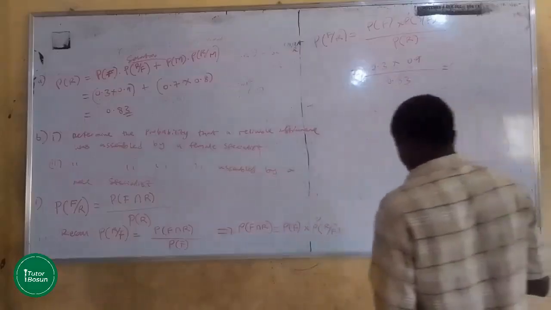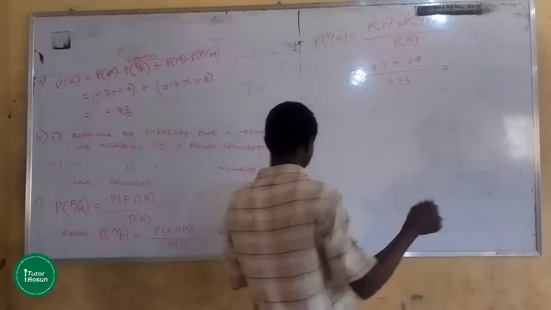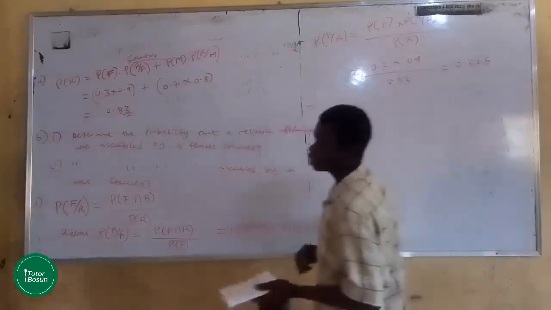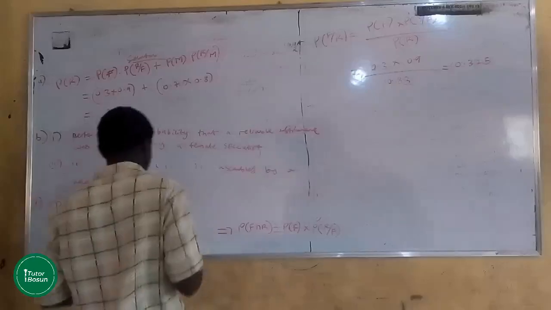So we do that very well, and we get 0.325. You can check that with your calculator.